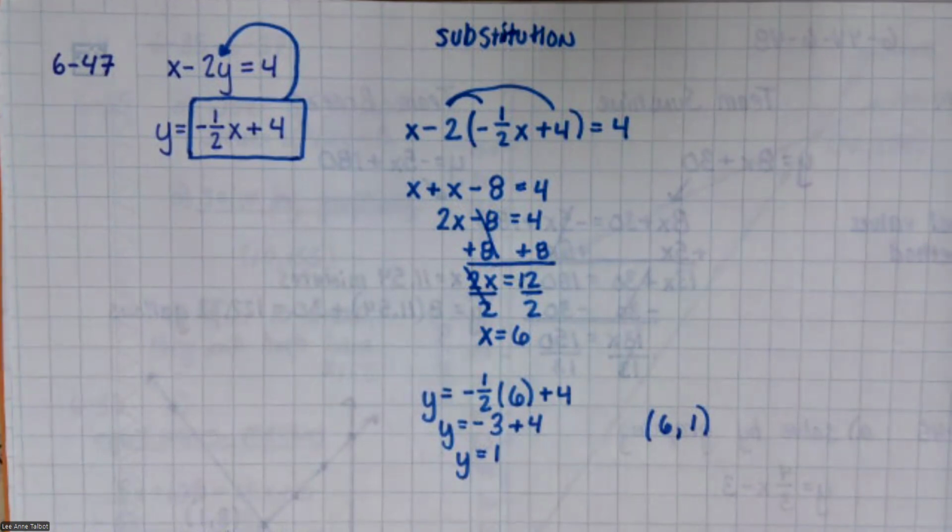Don't forget the final answer, which is a coordinate: 6, what? Now, I'm not expecting you to know this immediately. We're going to practice this a lot, but that's called substitution method.